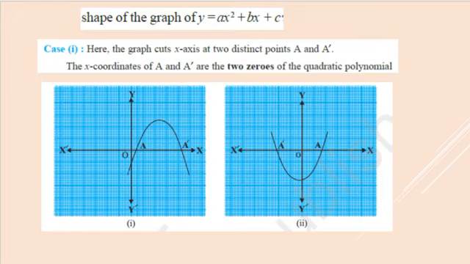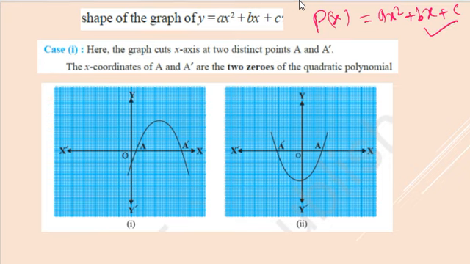Here, the shape of the graph y equal to ax square plus bx plus c. Can we write p(x) equal to ax square plus bx plus c? Yes, we can write. Here the graph cuts the x-axis at two distinct points. You see here A and A dash.